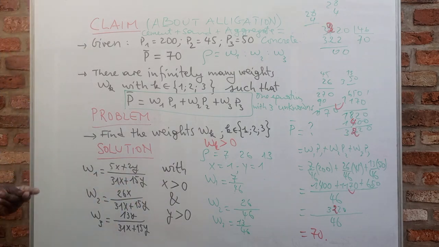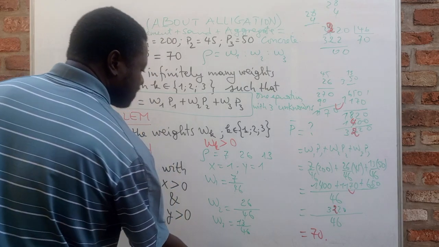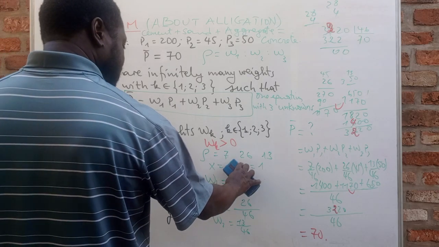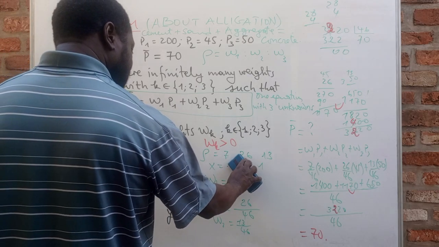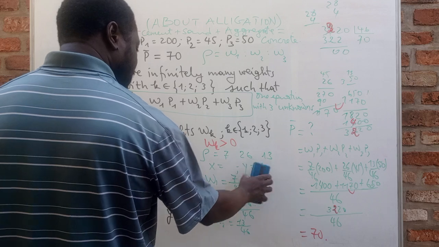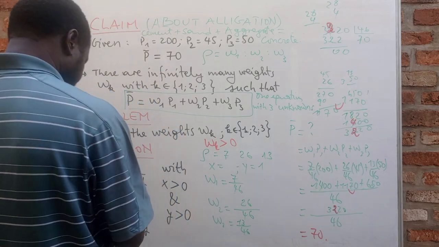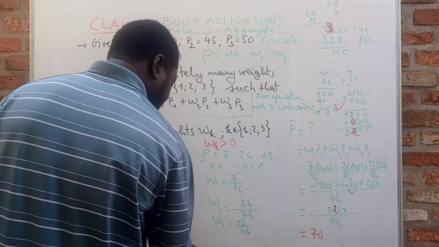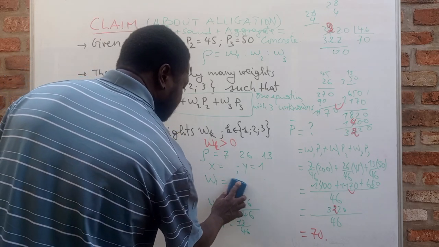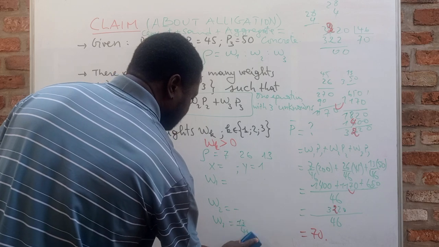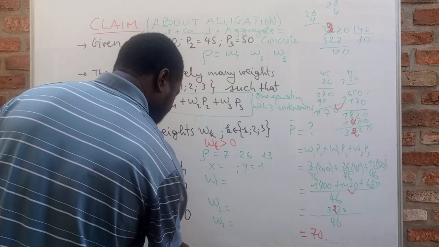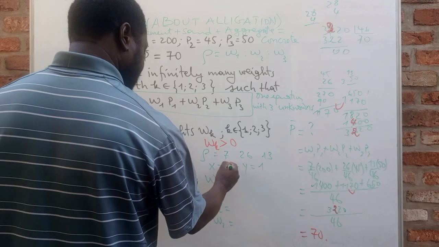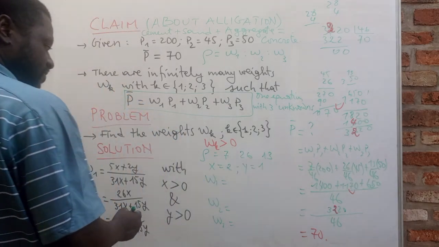our formula is correct. We can also check for a different value. Suppose we take a 2 here and 1 over here. If we take x equal to 2, what will happen? Okay, we can expect all of these ones to be different. Now this is if it is 2 and y equal to 1.